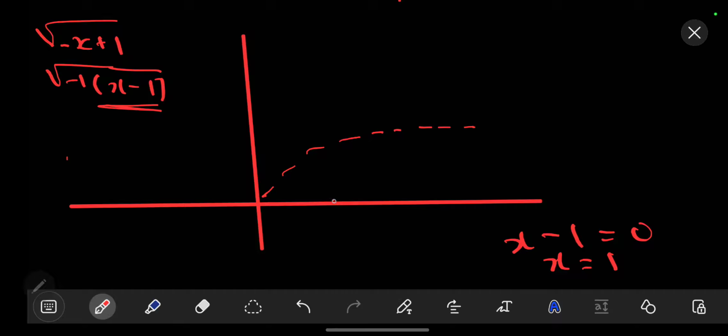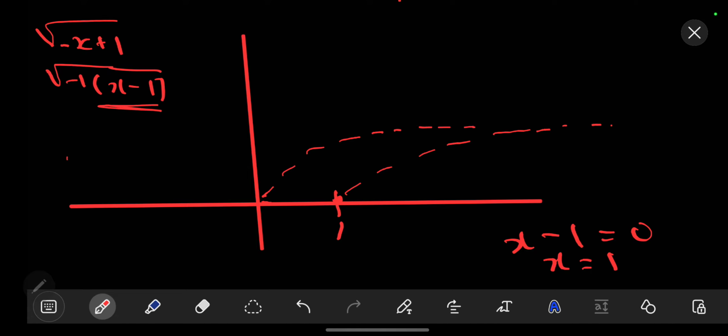So if it is moved to 1, here is 1. The shift affects the x, so we are moving from here to here. Our new graph will be something like this. I'll label the graphs at the end so that I do not end up writing the same things. So this is our second graph, considering just the square root of x minus 1.